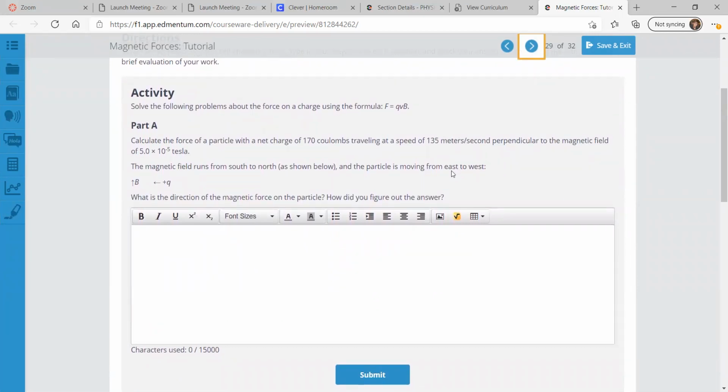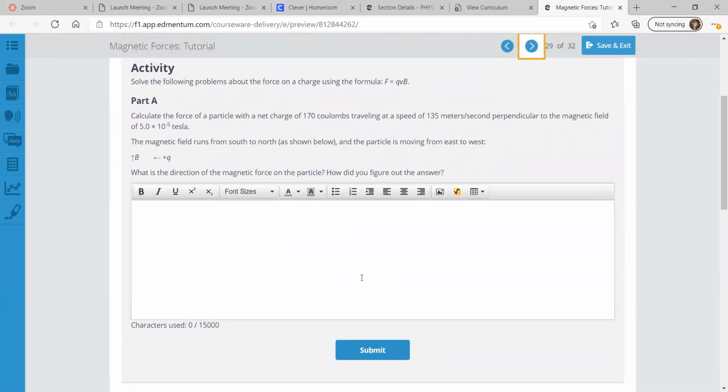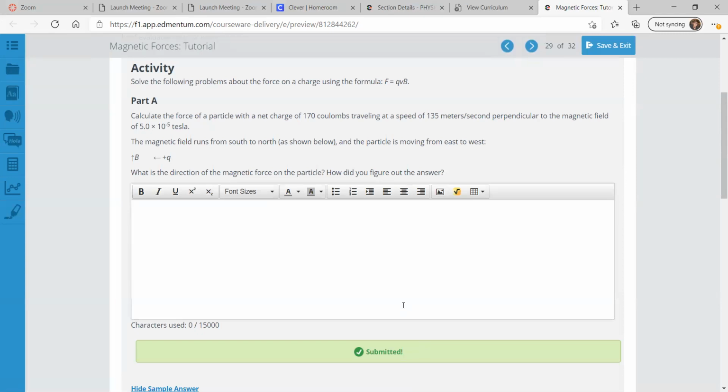Part A, calculate the force of a particle with a net charge of 170 coulombs traveling at a speed of 135 meters per second, perpendicular to the magnetic field 5 times 10 to the negative 5th Tesla. So we're asked, what is the direction of the magnetic force? Well, you point your thumb in the direction of the charge, and then you point your fingers. We're using the palm rule, right?